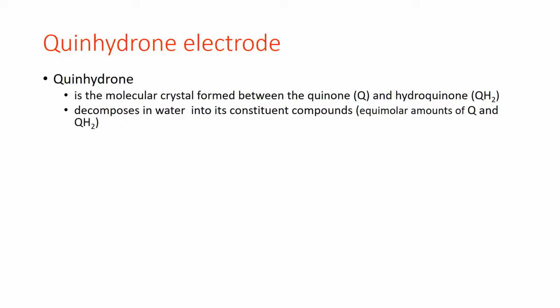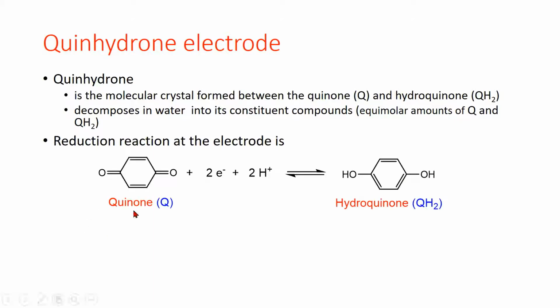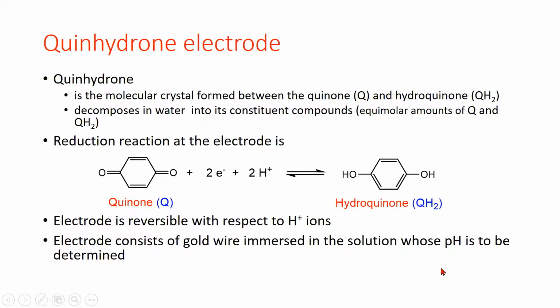Quinhydron decomposes in water into its constituent compounds, that is quinone and hydroquinone. Reduction reaction at the electrode is quinone plus electrons plus proton giving rise to hydroquinone. Electrode is reversible with respect to H ions.